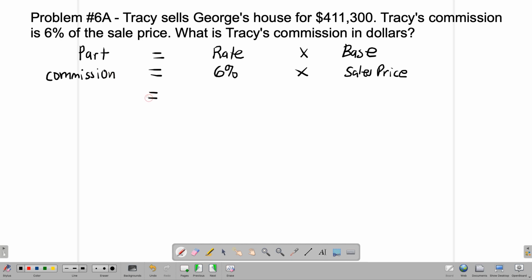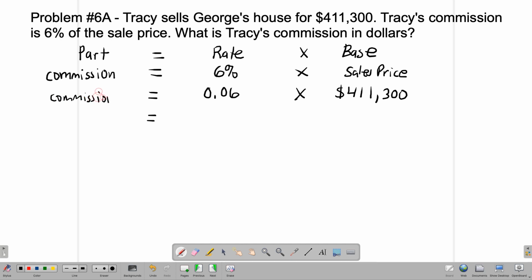And it should be easy. We have, again, 6%. When you divide by 100, that gives 0.06. So we rewrite the equation. And in this case, the sales price has a value of $411,300. And it should produce the commission.